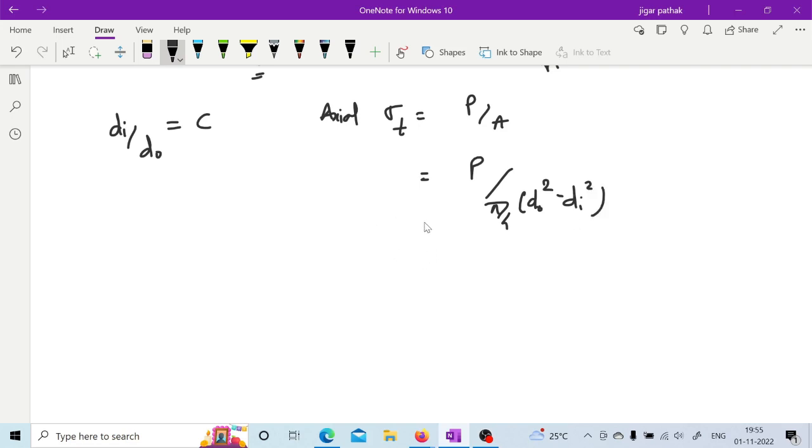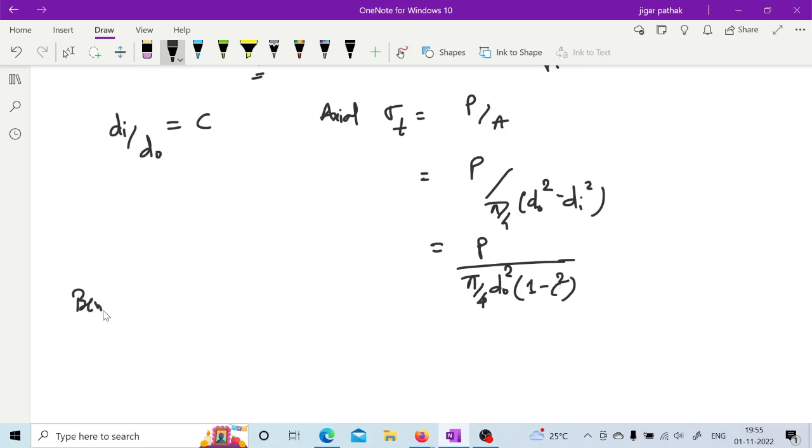If you simplify this by considering di by dO as C, you get pi by 4 dO square times 1 minus C square, since di by dO is C. Like that you can get your axial stress.